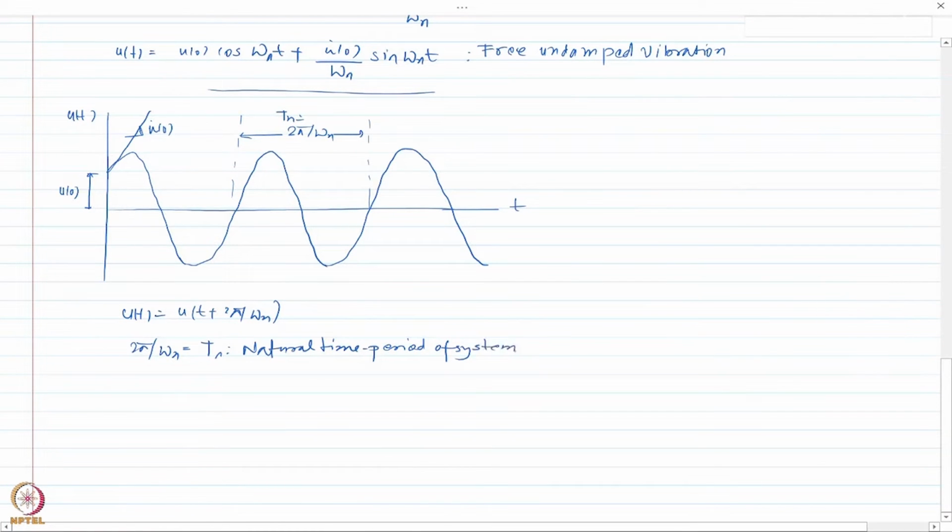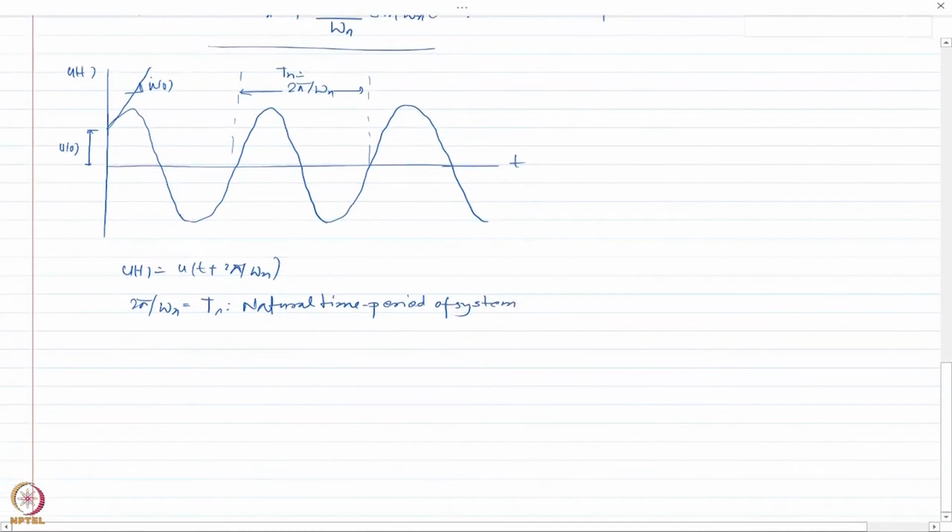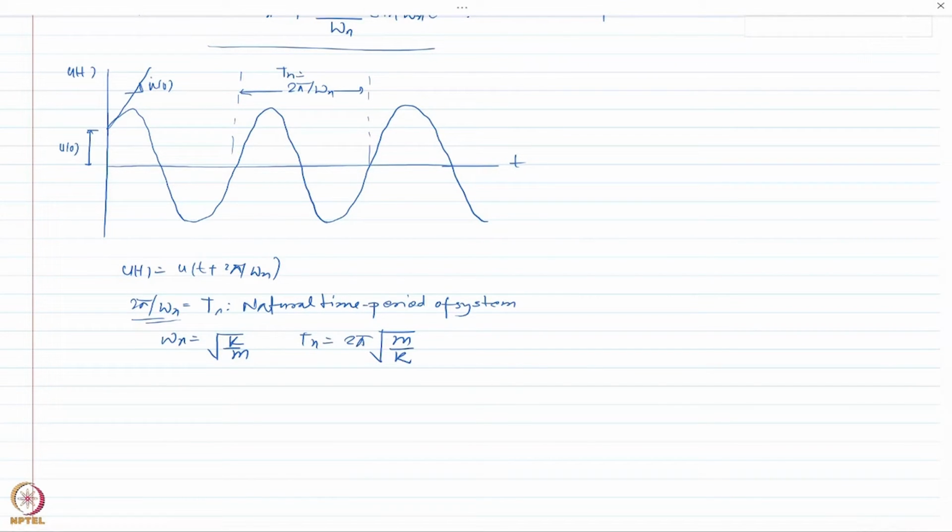Remember that the value of omega n that we have obtained is under root k by m. So the value of Tn would become, using this relationship, 2 pi under root m by k. As I said, Tn is called the natural time period of the system.